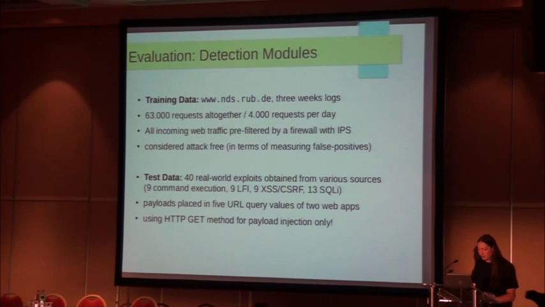As test data, we used 40 real-world exploits from various sources, including 9 command execution, local file inclusion, cross-site scripting, cross-site request forgery, and 13 SQL injection. The payloads were just placed in the values of normal web applications. We only used HTTP GET, because we simply don't see POST data in the logs. This is a major drawback, we'll come to that later. If an attack is carried out by POST, mostly we won't see it in normal access logs.